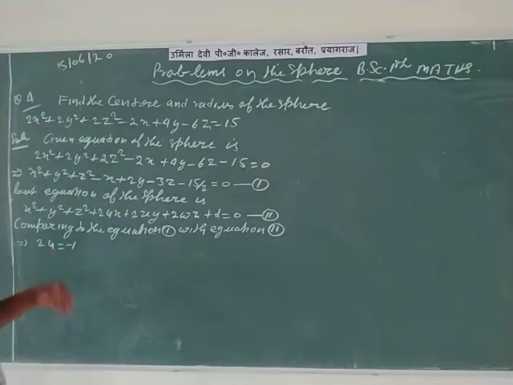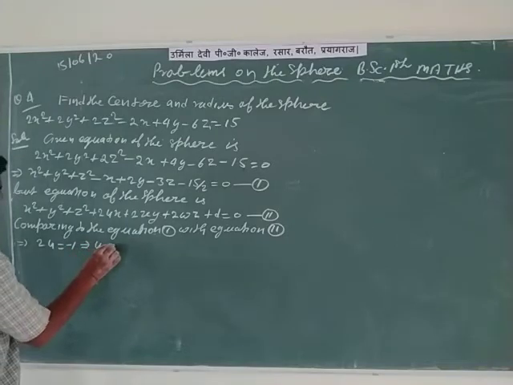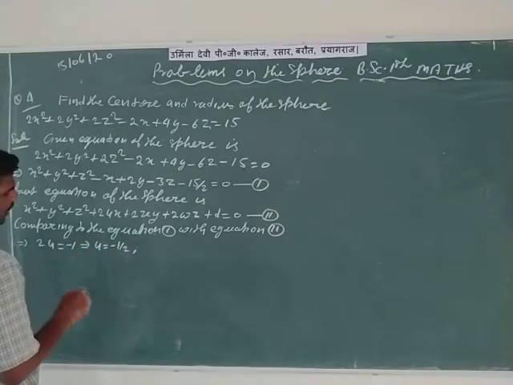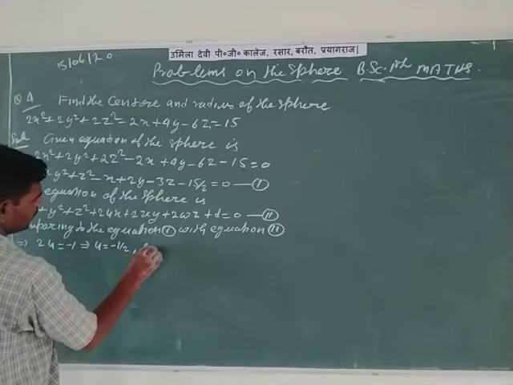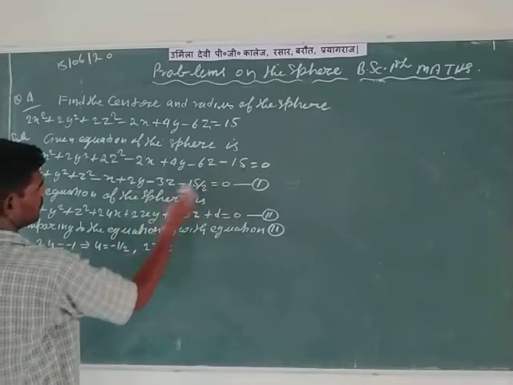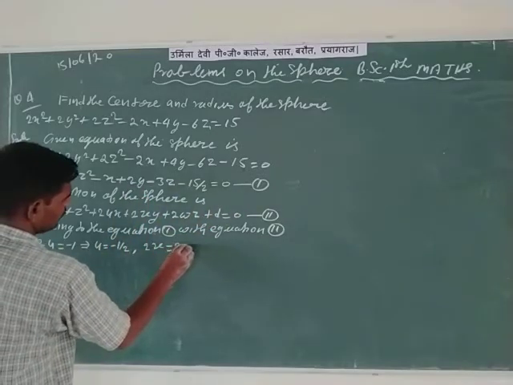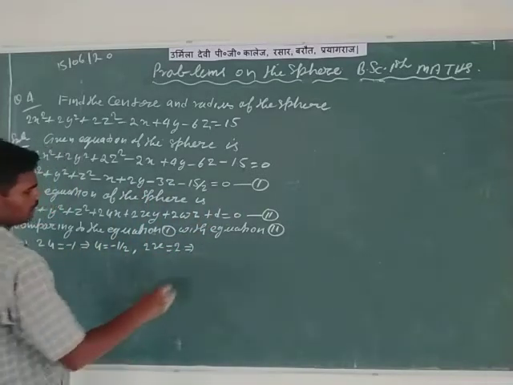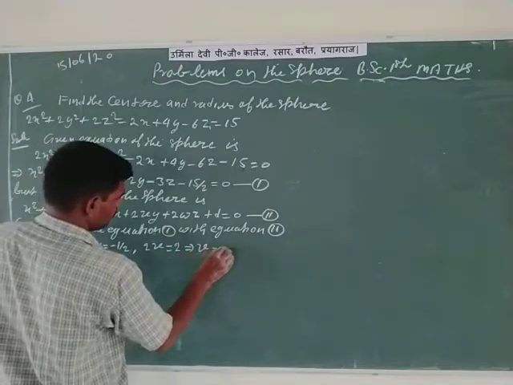So 2u is equal to minus 1, which implies that u is equal to minus 1 by 2. And 2v is the coefficient of y in the second equation, and the coefficient of y in the first equation is equal to 2, so after simplification v is equal to 1.